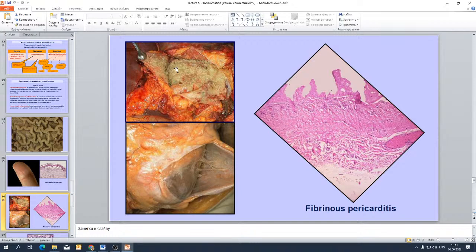It may form with no problem with work of the heart in future, because here you see fibrin, yellow, greenish and dirty in color, on the surface of the heart. And this is a cut of the pericardium, and you see synechiae, or in future synechiae form, connective tissue forms, and problems with work of the heart.